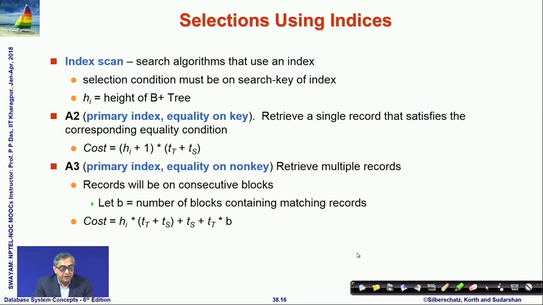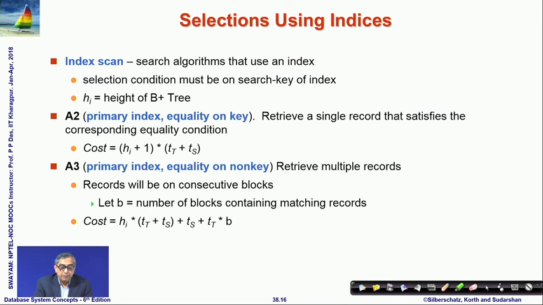In a variant of this algorithm, A3, we may be using a primary index, but we are looking for equality on a non-key. Since it is a non-key, in the result we may have multiple records, but the records will be on consecutive blocks, because we are using a primary index.